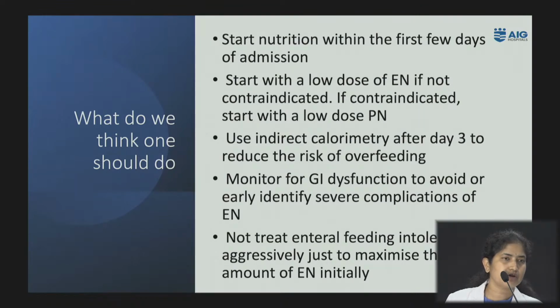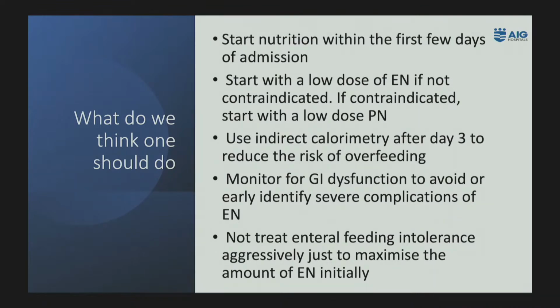Whenever there is a contraindication for EN, as we previously discussed, we start with low dose parenteral nutrition. On day 3 or after, we use indirect calorimetry in order to reduce the risk of overfeeding. And we monitor for GI dysfunction to identify any severe complications of enteral nutrition.